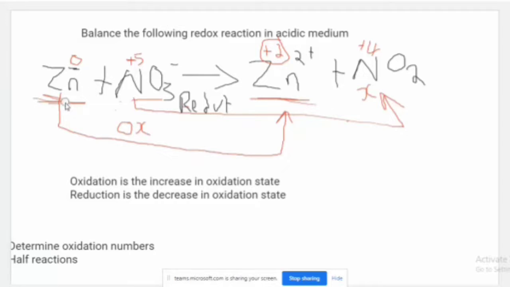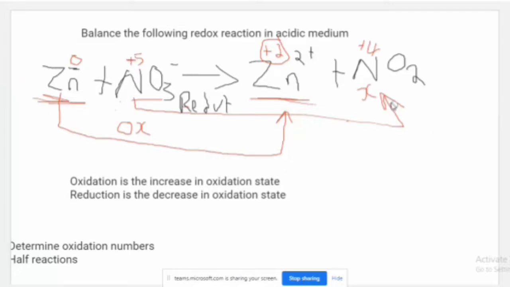So for zinc, the oxidation number is 0 on the reactant side. On the product side, the oxidation number is +2. Can you see that? Yes. Yeah, so if you have a situation like this one, it means that zinc is undergoing oxidation. Then for nitrogen, the oxidation number is +5 here.